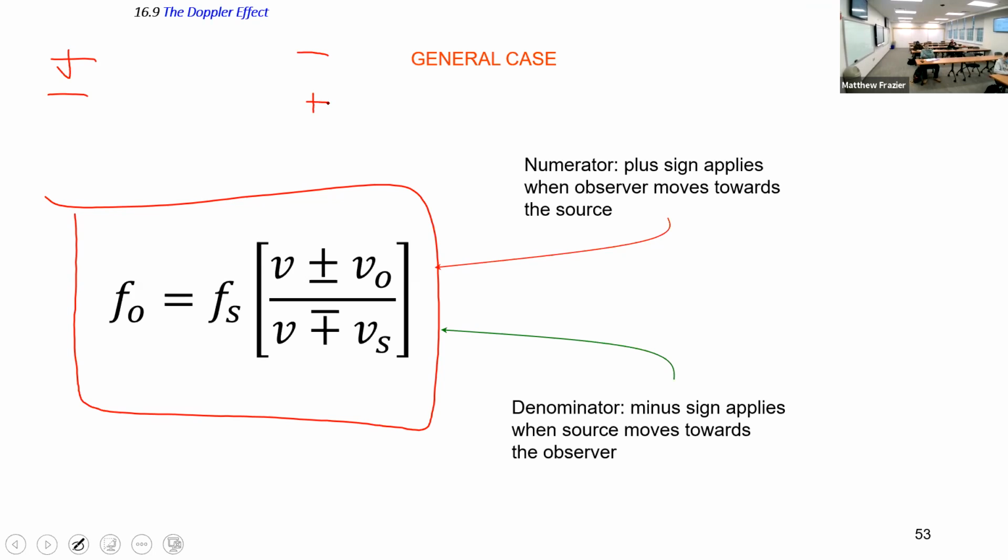So here, the way we deal with it is by position. If we are moving the observer towards the source, we use the top symbol. And again, if the source moves towards the observer, we use the top symbol.